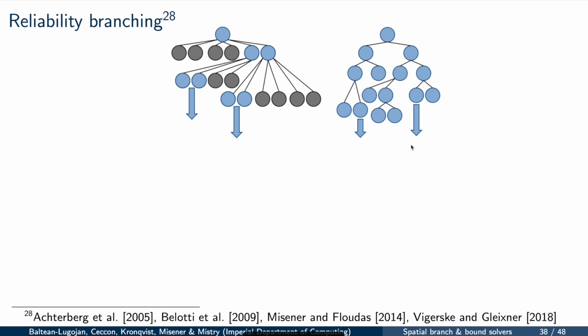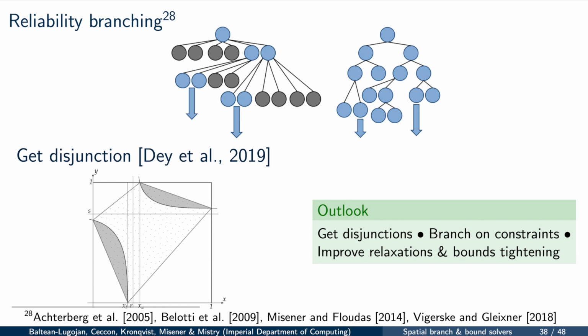Once I've done the first few nodes of the branch and bound tree, I will continue on with this kind of branch and bound method where I just keep doing binary branching and just sort of come what may, that's how I'm going to go. And one of the things that I'm most excited about right now is this idea of branching to get a disjunction. If and when we're able to branch to get this disjunction, then you eliminate all this sort of white dotted space from consideration, which is really nice.